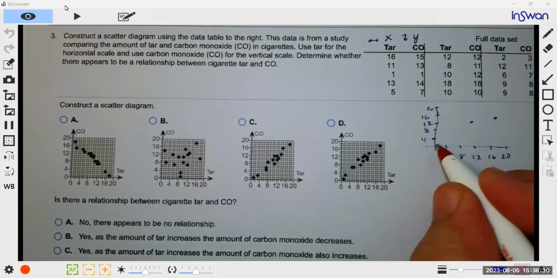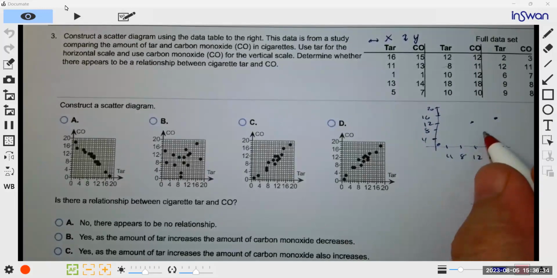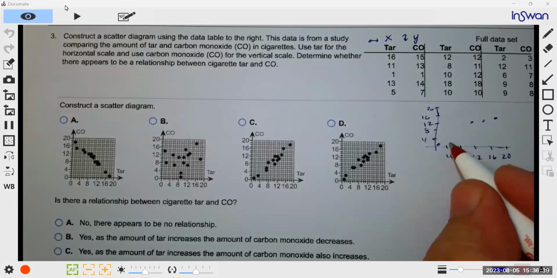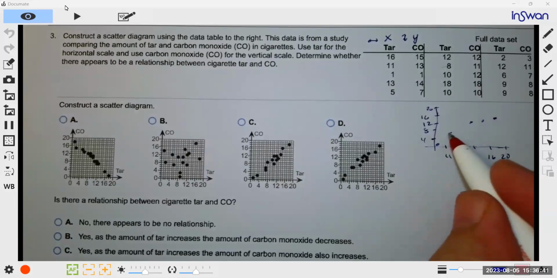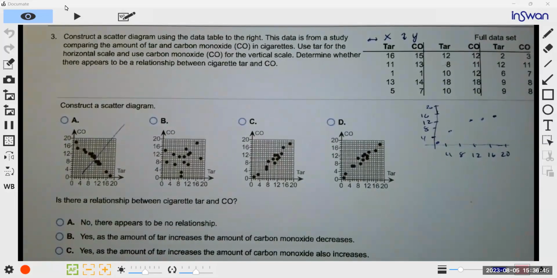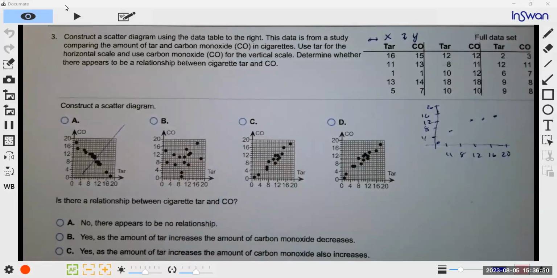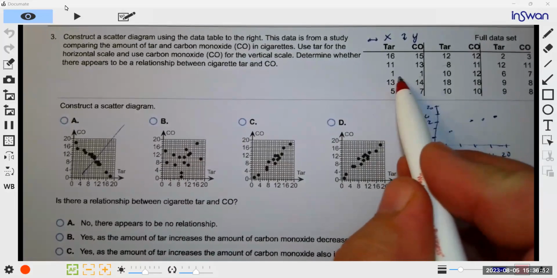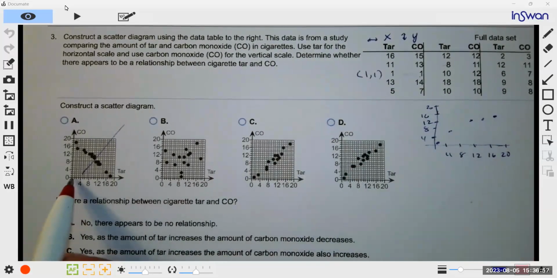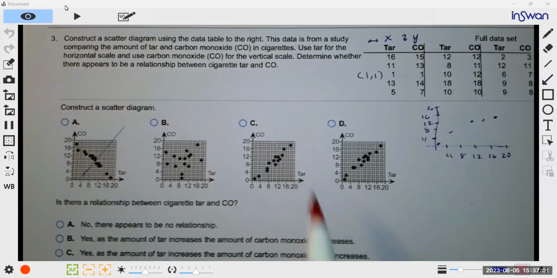At 1, there's 1. At 13, there's 14. At 5, there's 7. Just from these alone, we know it can't be A because that's going down. It can't be B because these are all scattered everywhere. And we notice at 1, 1, there has to be a point at 1, 1. There's no point there, so it's got to be either C or D.